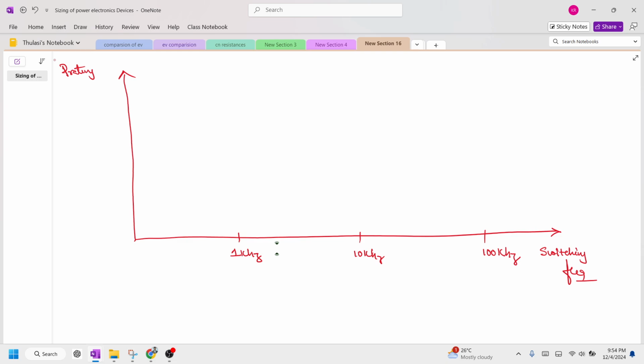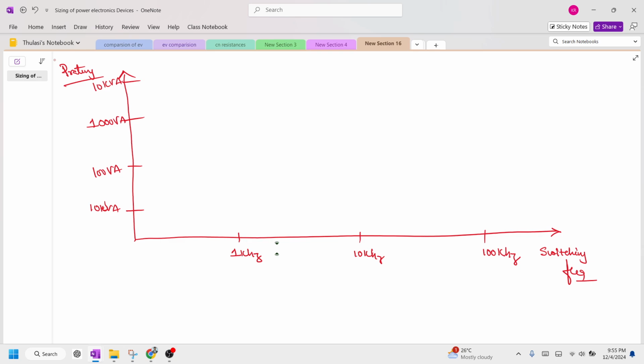So here we are going to take in terms of 10 VA, 100 VA, 1000 VA or 1 kVA, and 10 kVA; we are going to have the power rating of different power electronic devices.